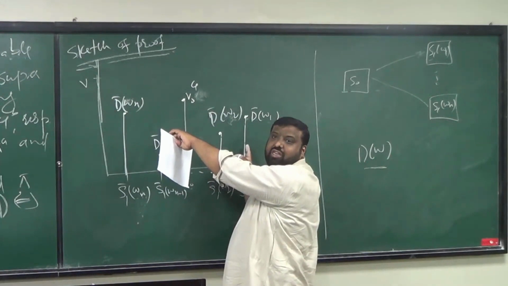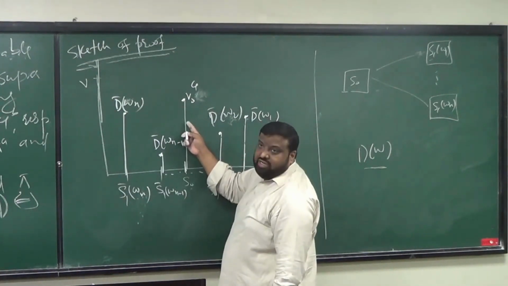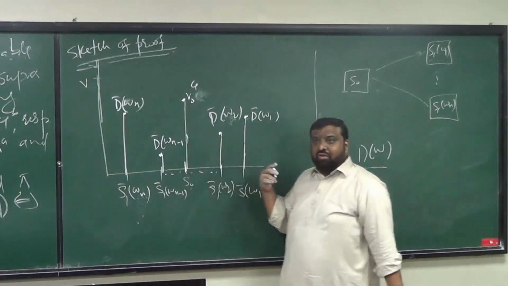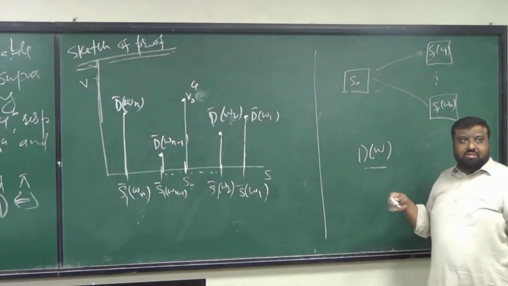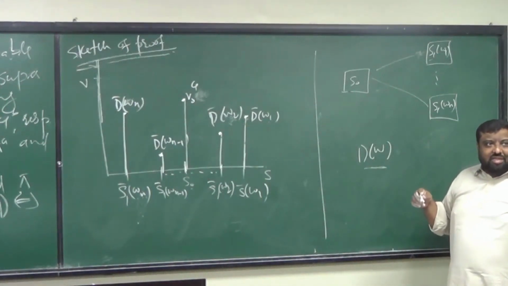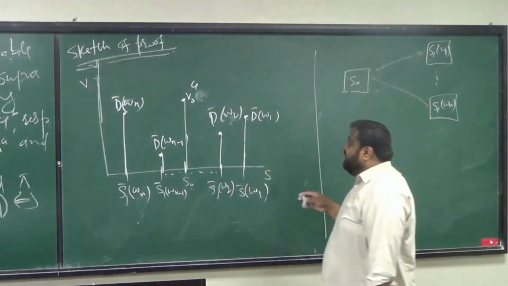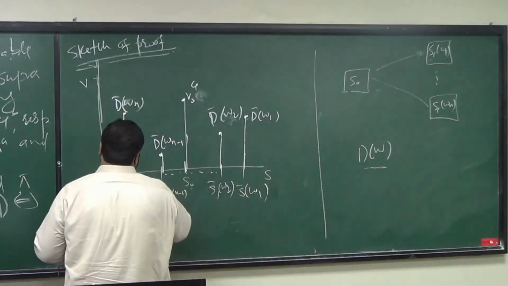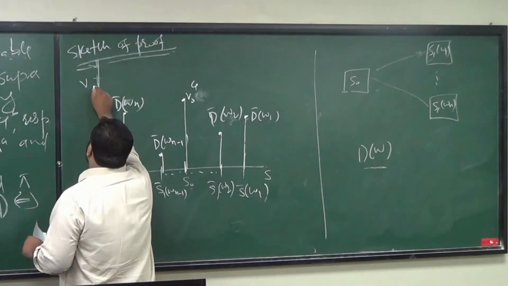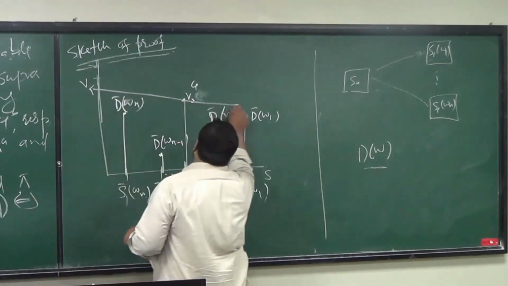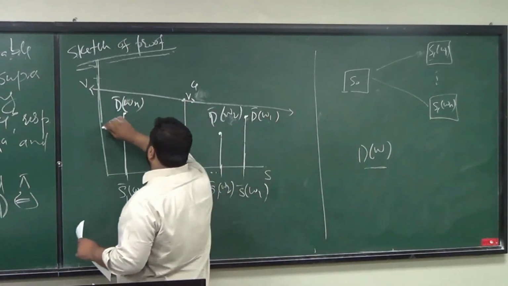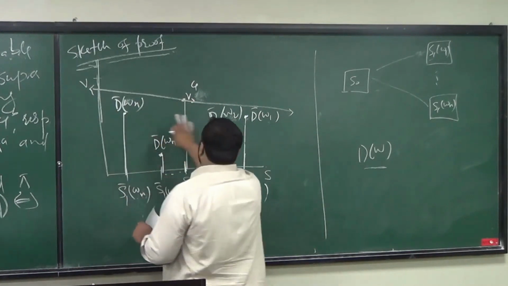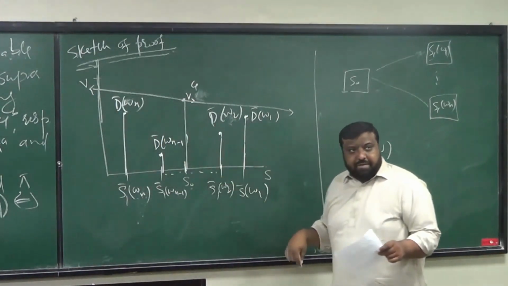Wherever this straight line hits, this is basically your something that is interesting. What we need to do is draw something which is above all of these.